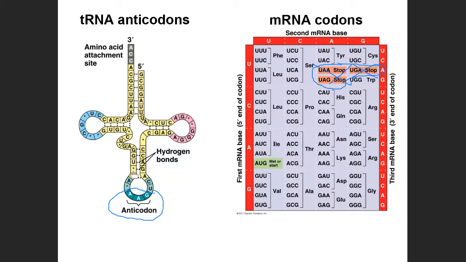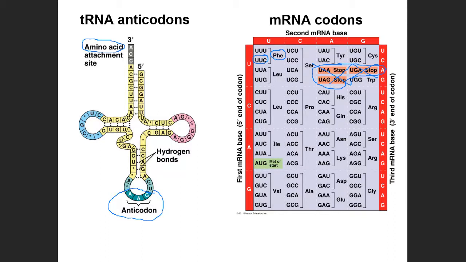This anticodon of this tRNA will only base pair with its complement. Okay? Its complement is going to be UUC. So the amino acid this tRNA should be carrying is the amino acid phenylalanine. Okay? So this is how the match is going on.